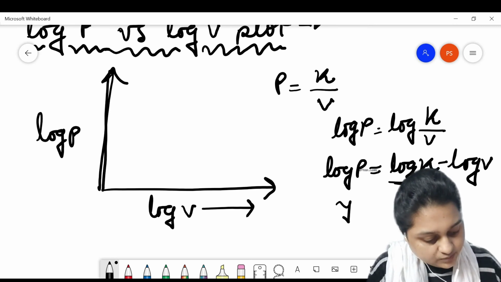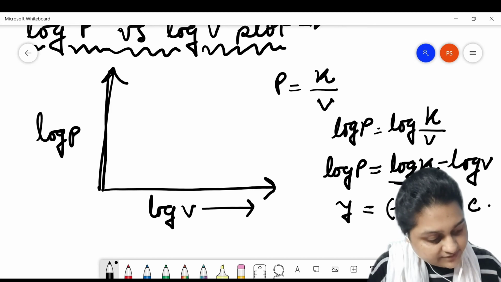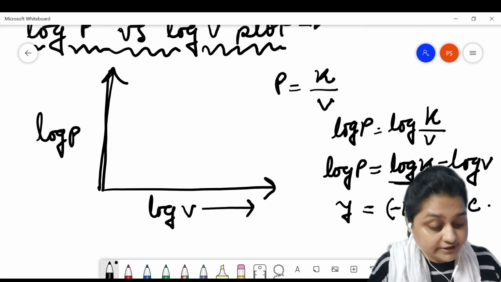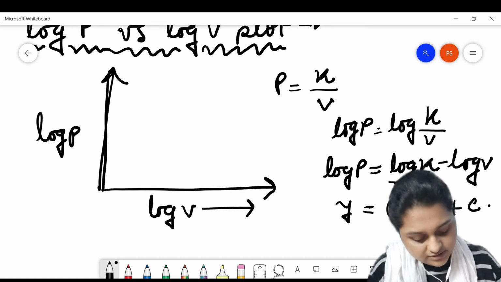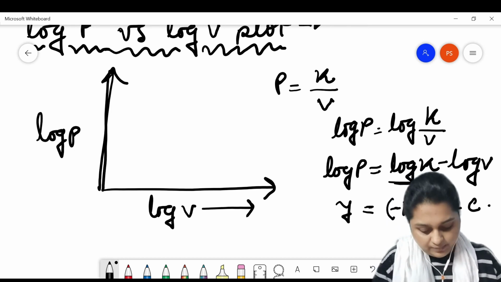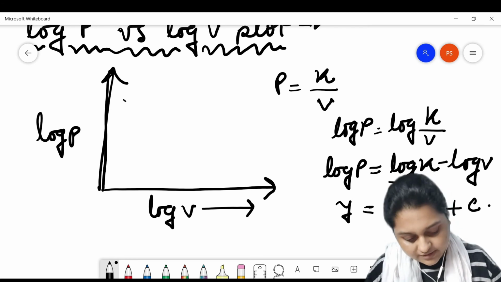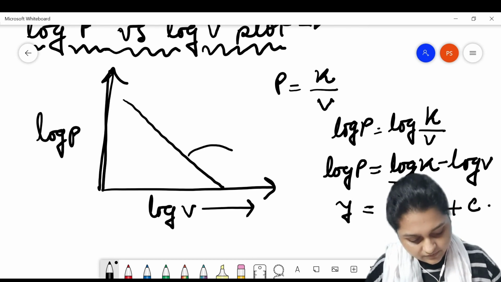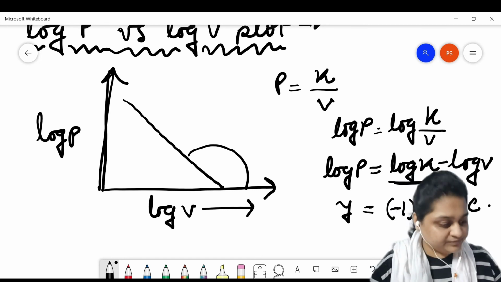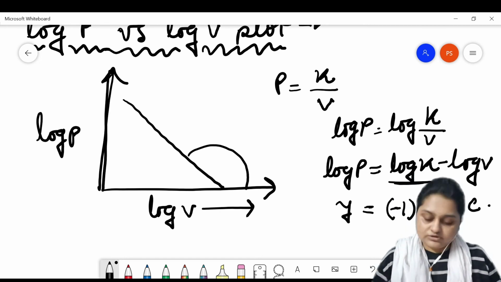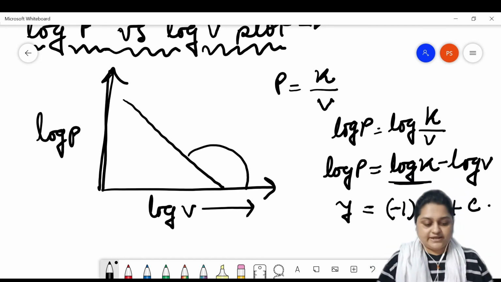Log of P is y, minus 1 times log of V, which is x, plus c. So this is a straight line equation with a negative slope. So the plot will look like this, with a negative slope. So this is how the graphical plot can explain Boyle's law.